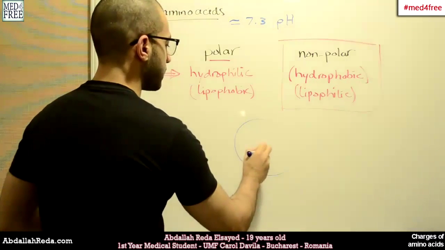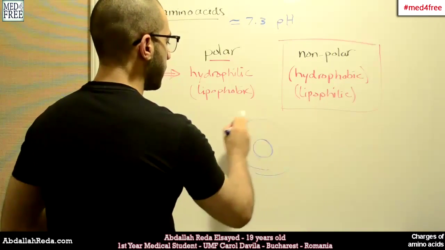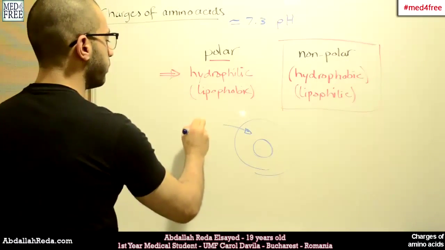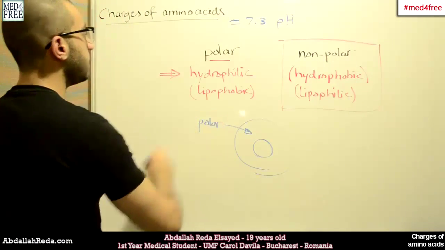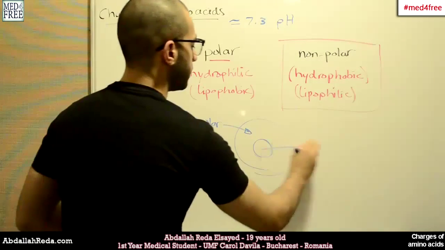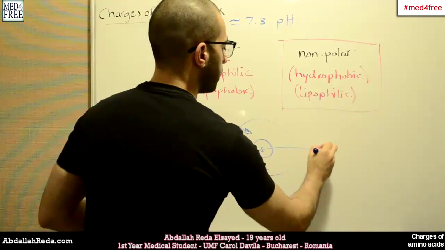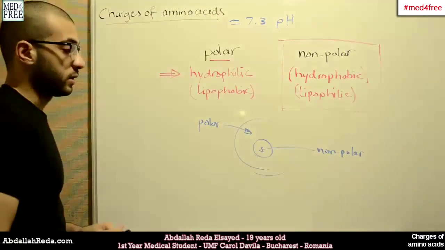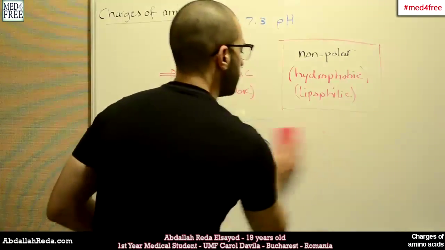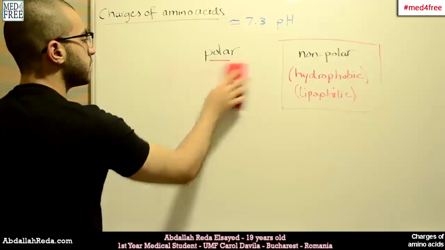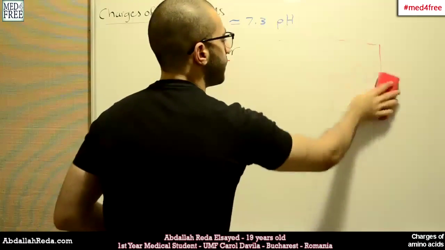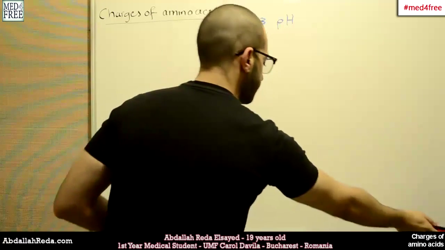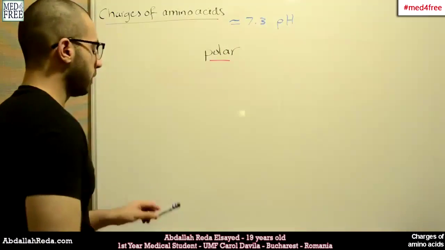Let's suppose that it's a circle. On the outside we have the polar amino acids, and on the inside we have the nonpolar amino acids. Now for the polar amino acids, we have three types of these polar amino acids.